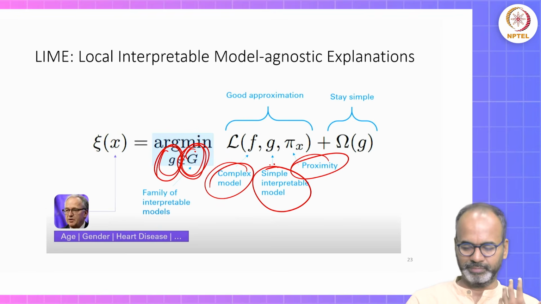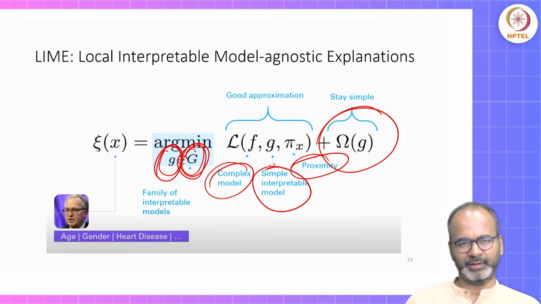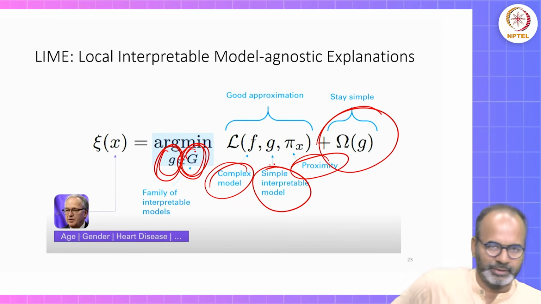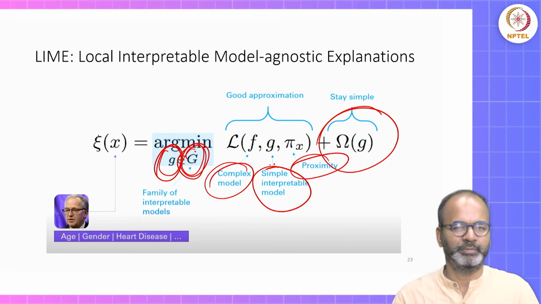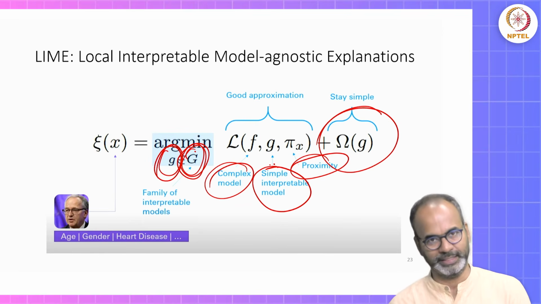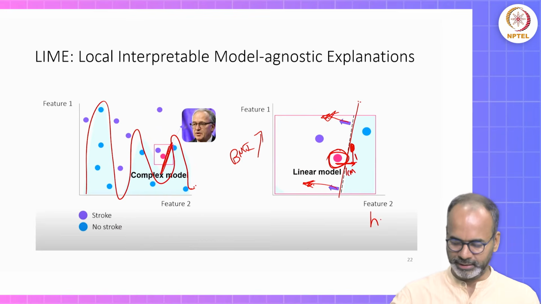Then this is a simple regression. It could be a linear regression or a lasso regression, which the paper also talks about, applied just to keep the model very simple. So that's the linear model here.